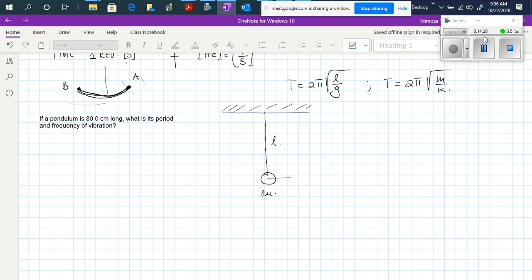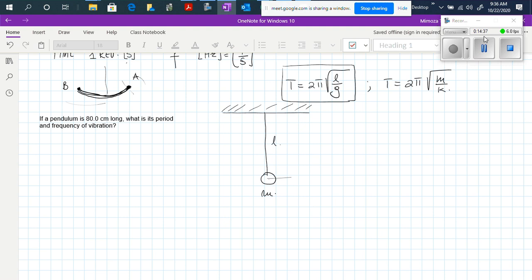So the formula we will use to find the period of a pendulum is T = 2π√(L/g). Let's take a look at this formula for a moment and then discuss what is happening here.